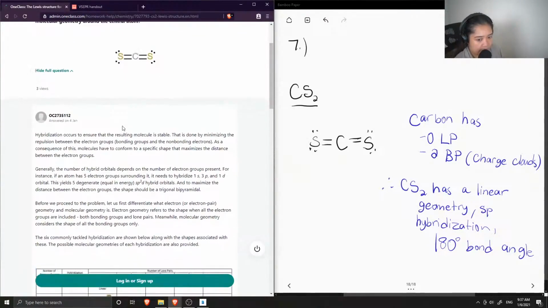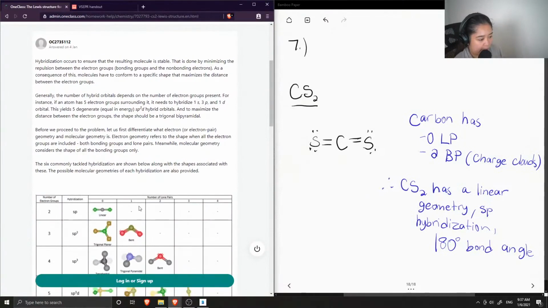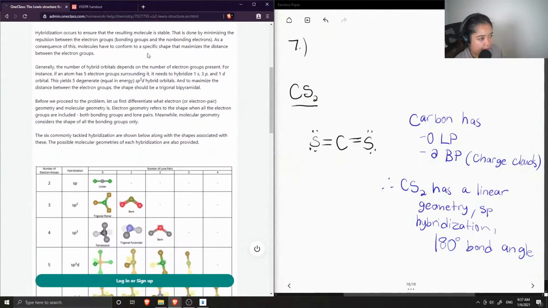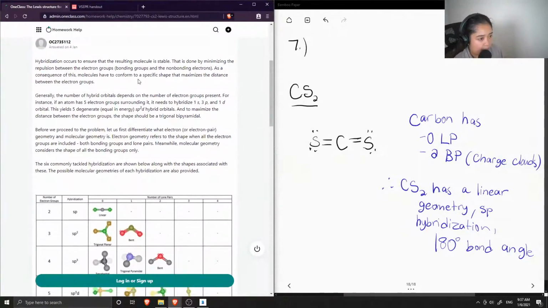And let's see what the junior tutor said. Oh, they had their own table here too. Hybridization occurs to ensure that the resulting molecule is stable. That is done by minimizing the repulsion between the electron groups, so bonding groups and the non-bonding electrons. As a consequence, molecules have to conform to a specific shape that maximizes the distance between the electron groups.